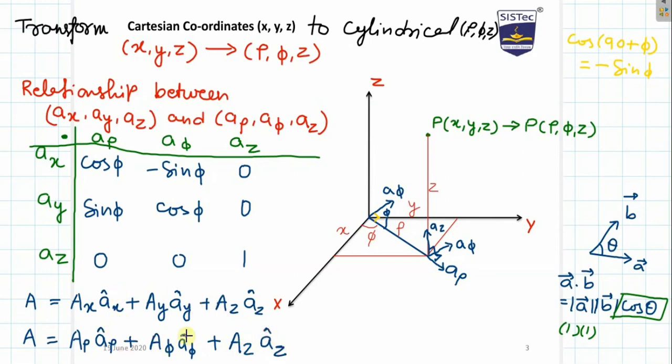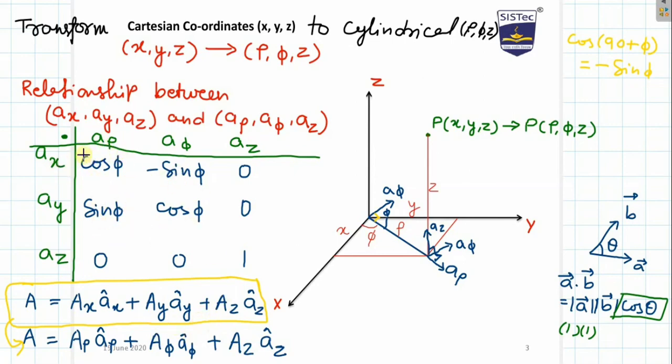So in this way we can represent any vector. Now how to transform it? If we have the vector A given in the Cartesian system, and we have to transform it into the cylindrical one, then with this formula we can very easily transform.